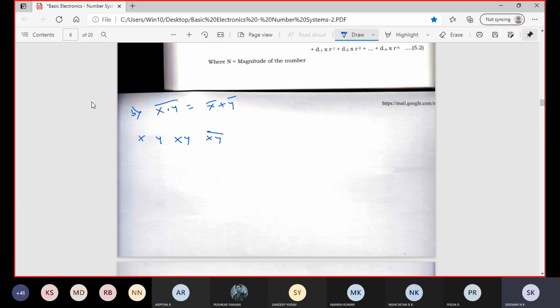So this is done. Next, coming to the RHS, we need to have x bar and y bar separately, and then the combination of x bar plus y bar. Sir, will we not take x plus y also?